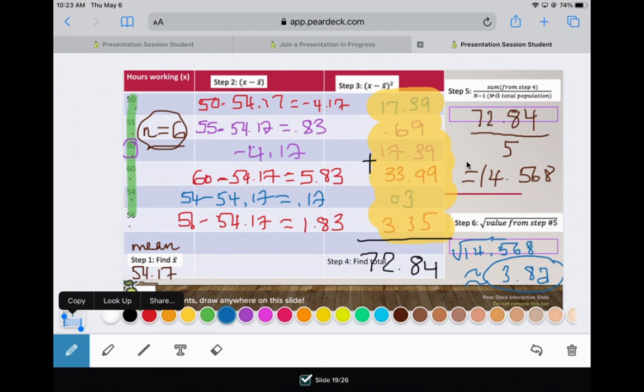But if you're going to find sample standard deviation, then it's going to be minus 1. If you find population standard deviation, then you don't have to minus 1. You just use the n. Sorry, I don't have a good explanation for it. I can look it up. I'll let you know next class.